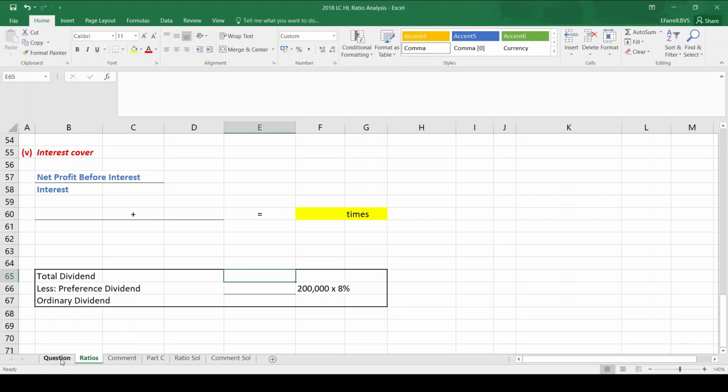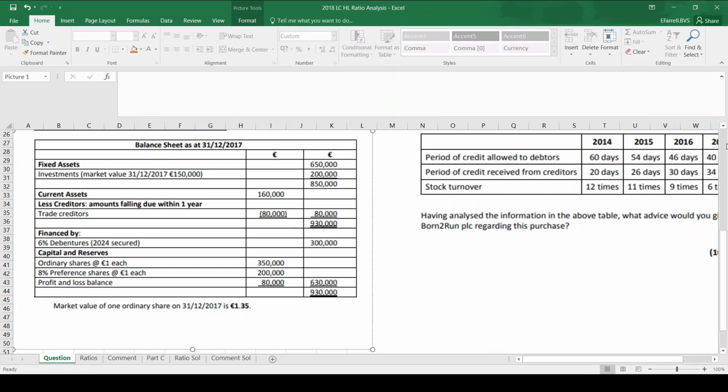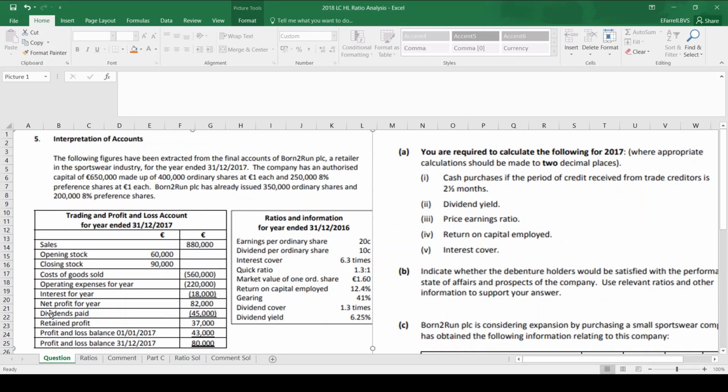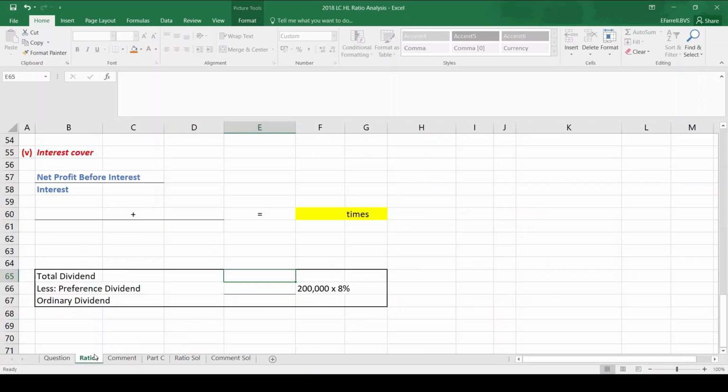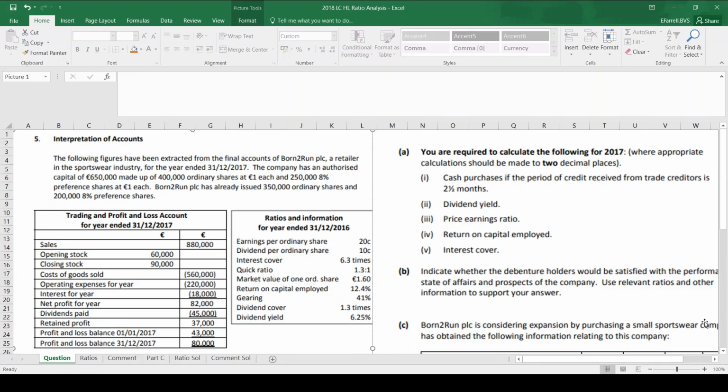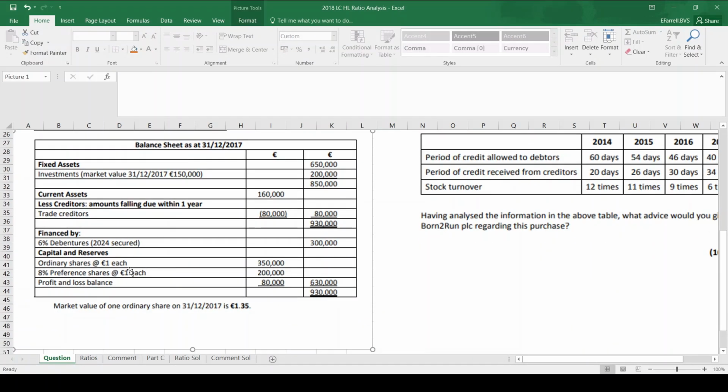To divide out the dividends, because sometimes for the ratios you need ordinary dividend and sometimes you need preference dividend. In the question, we are always given total dividend or dividend paid up here in the profit and loss. So dividend paid in this question is 45,000. That's my total dividend. We have to separate that out between preference and ordinary, because the preference and the ordinary make up the total. From the information at the bottom of the balance sheet, we can work out the preference dividend, because there are 8% preference shares, 200,000.